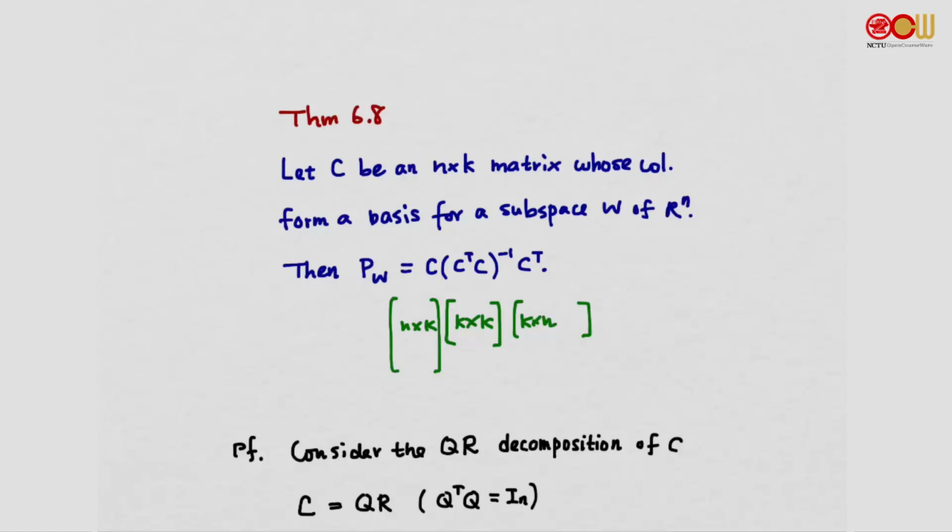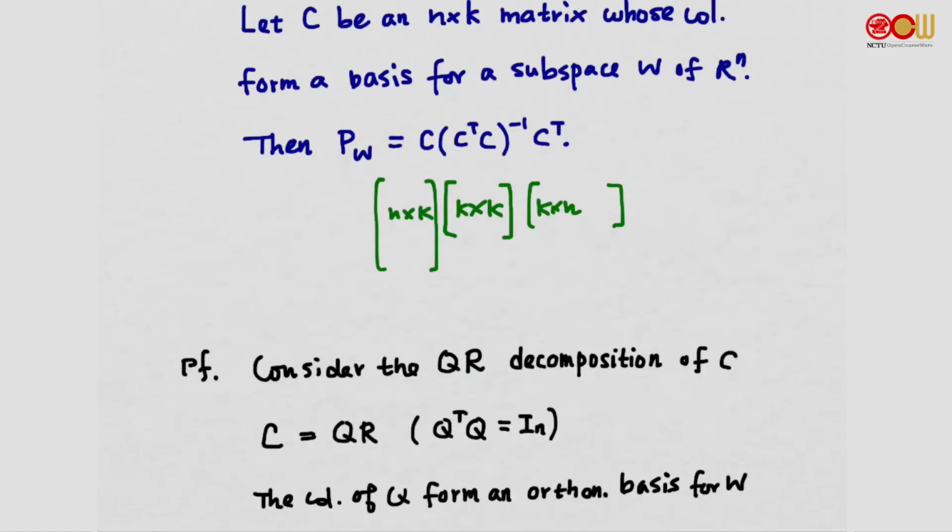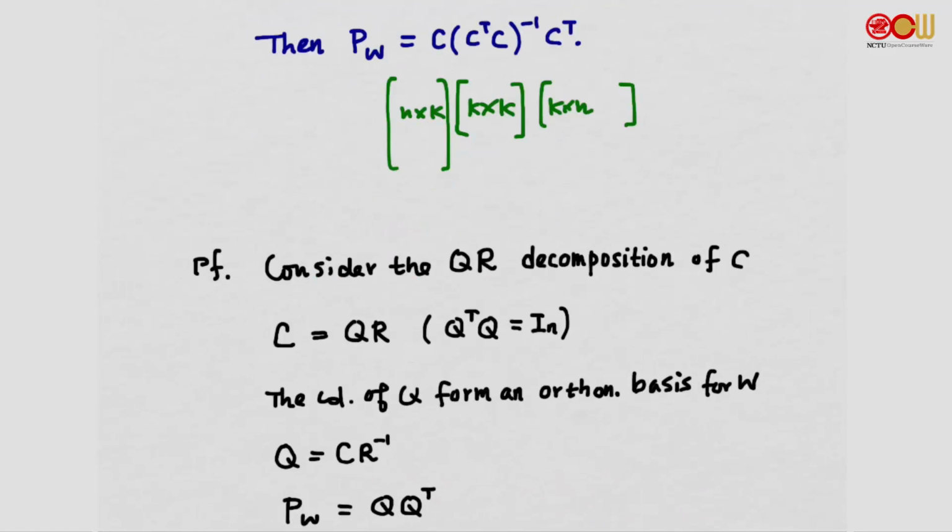Now that we know C transpose C is invertible, we can start on the proof of this theorem. Let's consider the QR factorization of C. C equal to QR. Remember, C has linearly independent columns. So we can write down this QR factorization where this Q matrix has orthonormal column vectors. So Q transpose Q is the identity matrix. Therefore, the columns of Q form an orthonormal basis for W. We know PW now can be written as QQ transpose.